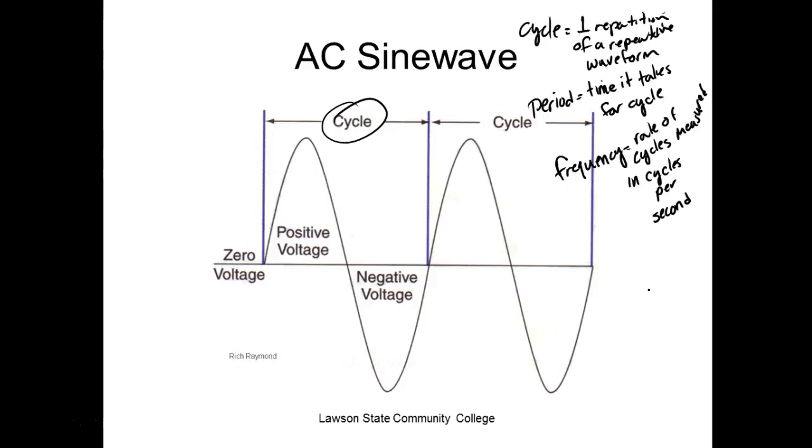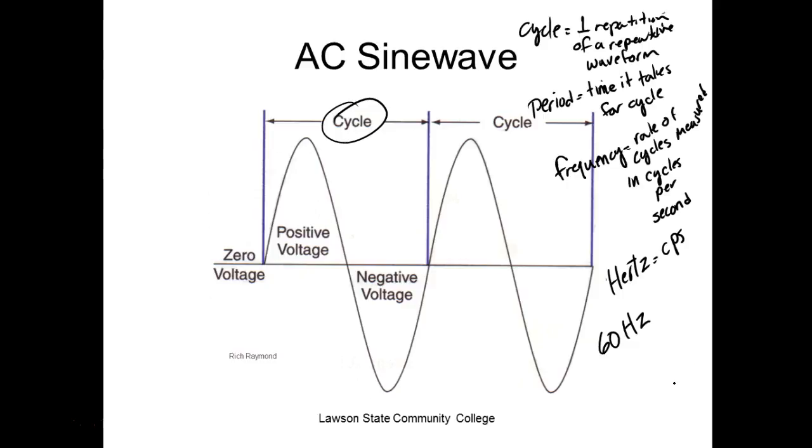Most of the European countries use 50 cycles per second, and it varies depending on where you're at. Frequency, measured in hertz, equals cycles per second. Normally people will say 60 hertz, and it's an uppercase H, lowercase z when you abbreviate it.